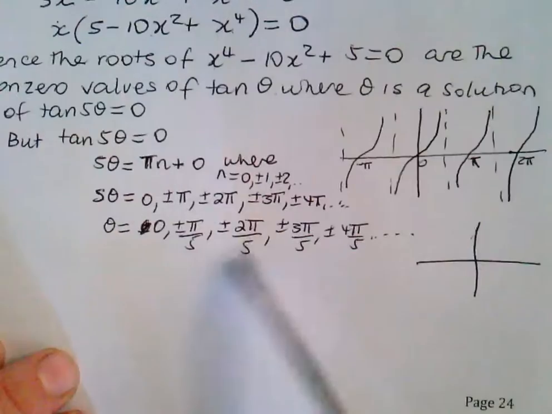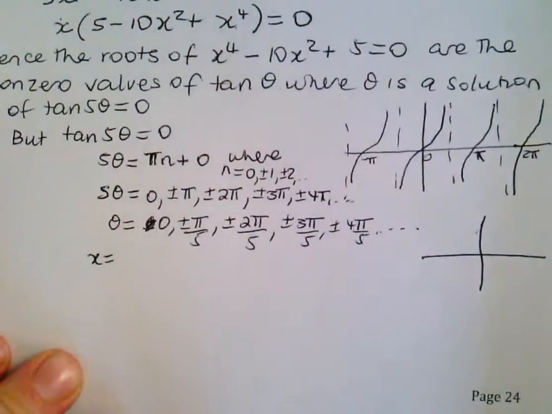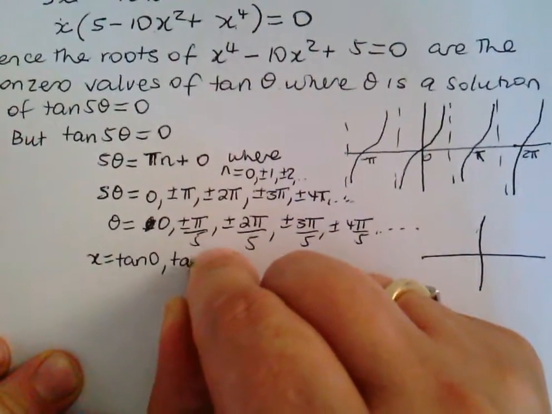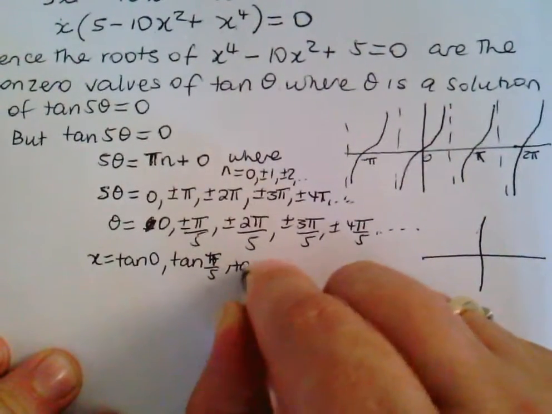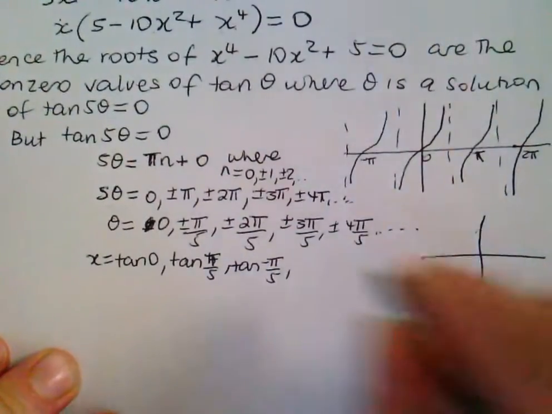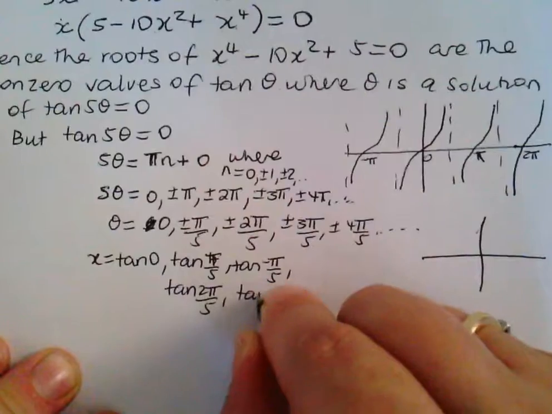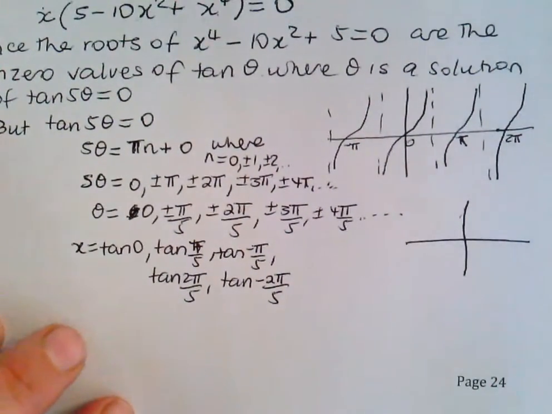All right, so our roots, remember, the x are the roots. So x equals tan 0, tan pi on 5, tan minus pi on 5, tan 2 pi on 5, tan of minus 2 pi on 5. And let's just see where they are, all right?